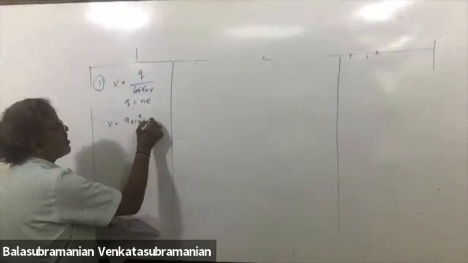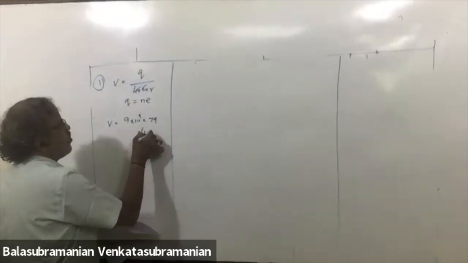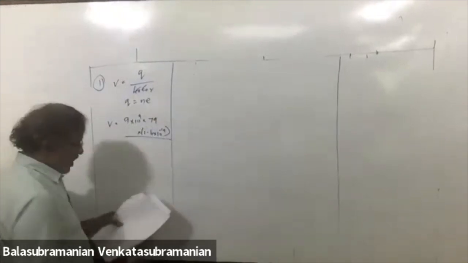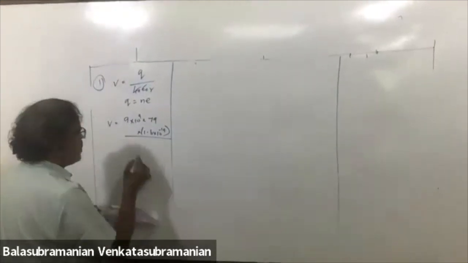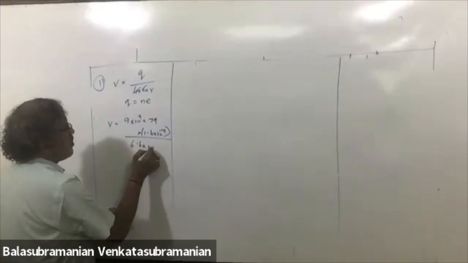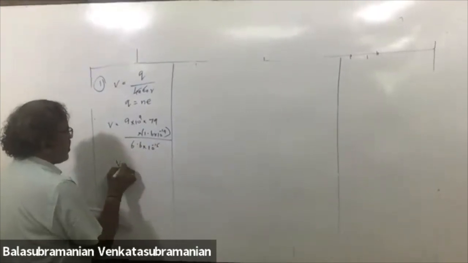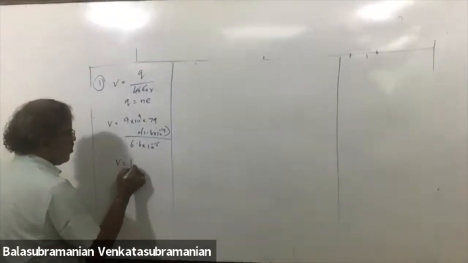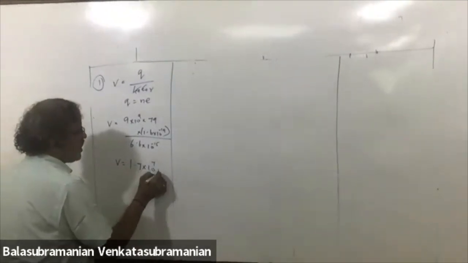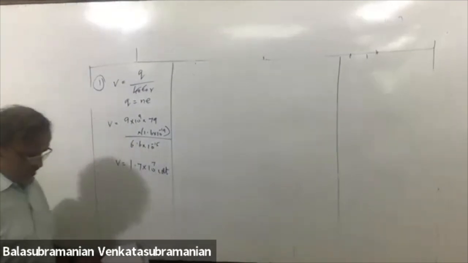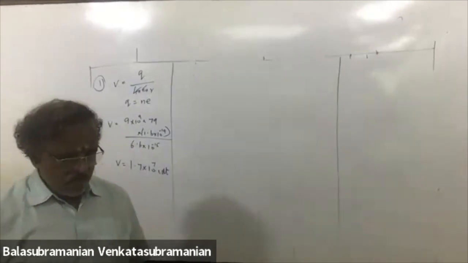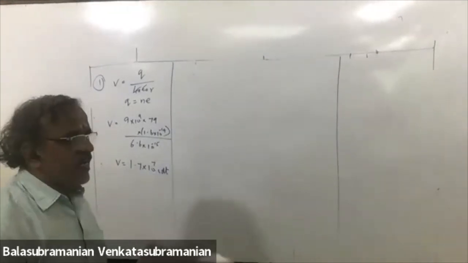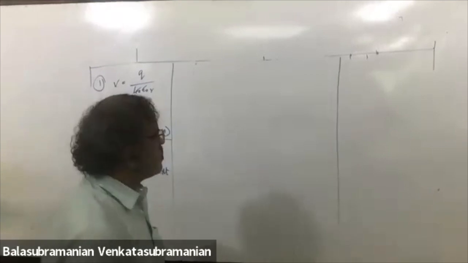Number of electrons 79 into 1.6 into 10 power minus 19 divided by R, 6.6 into 10 power minus 15 meter. Rearranging, 1.7 into 10 power 7 volt. At the surface of a gold nucleus, the potential is 1.7 into 10 power 7 volts.